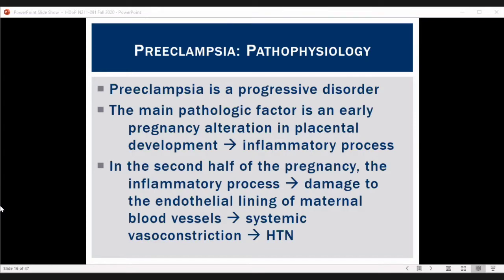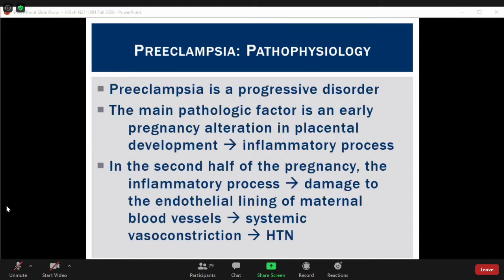So remember, the placenta develops around week 10 to 12. So the precursor to the placenta starts developing a few weeks before, and then the placenta begins to develop. As the placenta is developing, there are alterations in the blood vessels of the placenta.